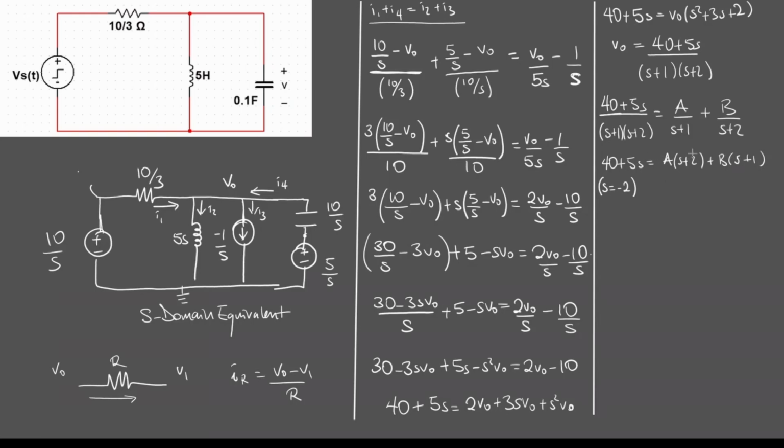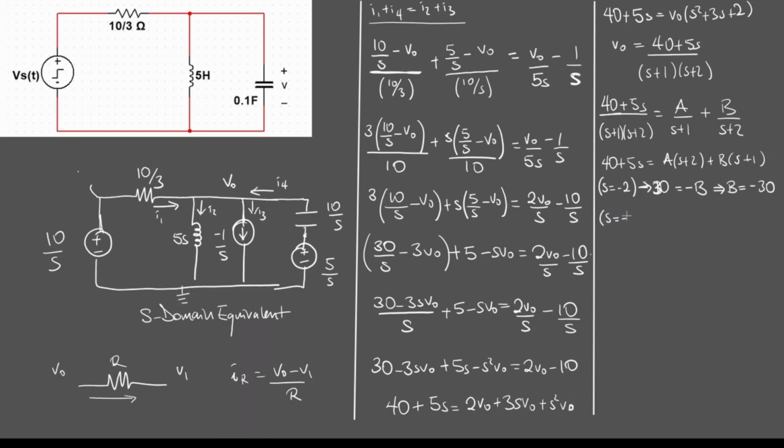So when s is minus 2, we lose a entirely. So that's going to be 40 minus 10, that's 30, which is going to equal minus b. Okay, so b is equal to minus 30. It's as simple and straightforward as that.